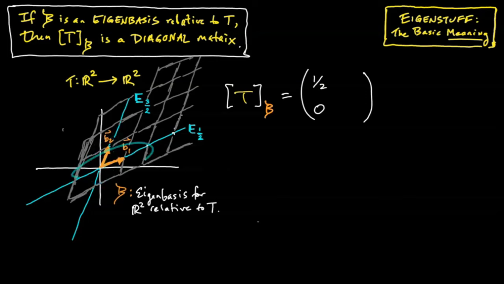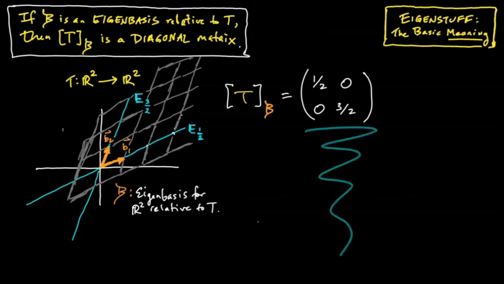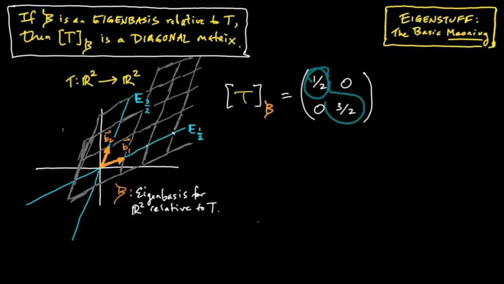It doesn't move at all in the b1 direction, only in the b2 direction. So to get to the image, we take 0 b1 steps and 3/2 b2 steps. And lo and behold, there is our diagonal matrix. And of course, the entries on the diagonal are T's eigenvalues, the scaling factors along the various axes of the eigenbasis. And that's all that this map T does.